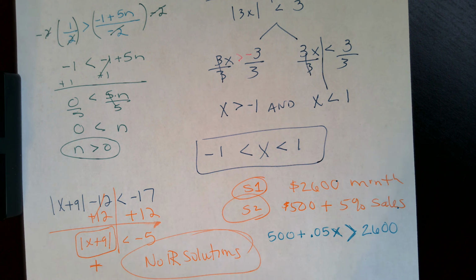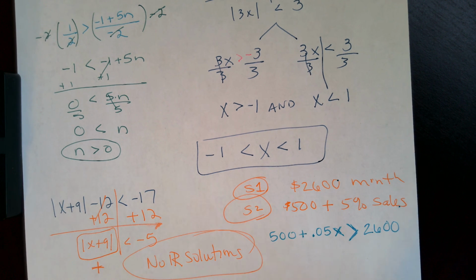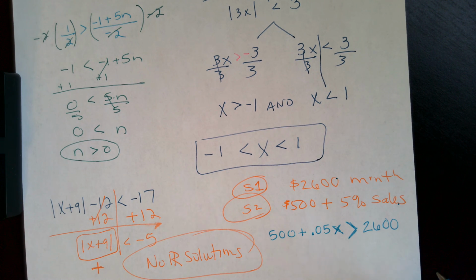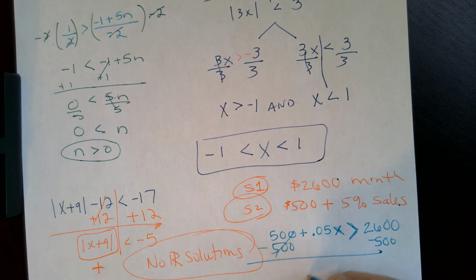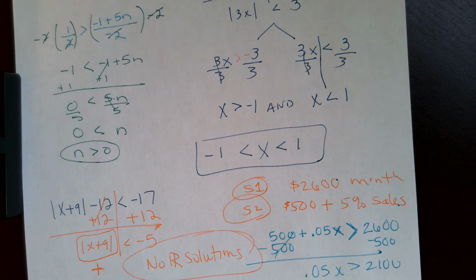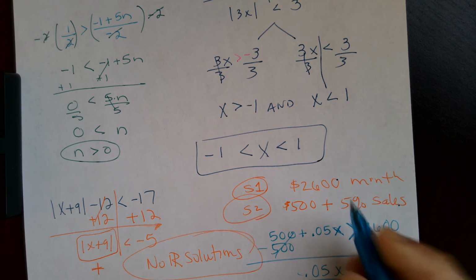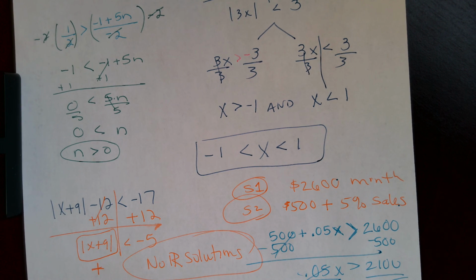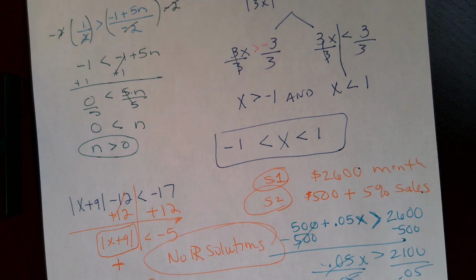Because you want to know, it could be a much better job here, depending on what kind of sales they get at that place. So solve it. Minus 500, minus 500, 0.05x is greater than 2,100. And then we're going to divide. Let me just save time and use my calculator.